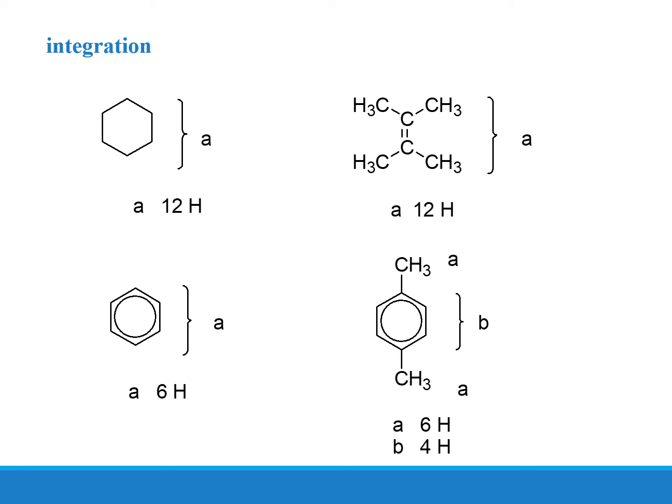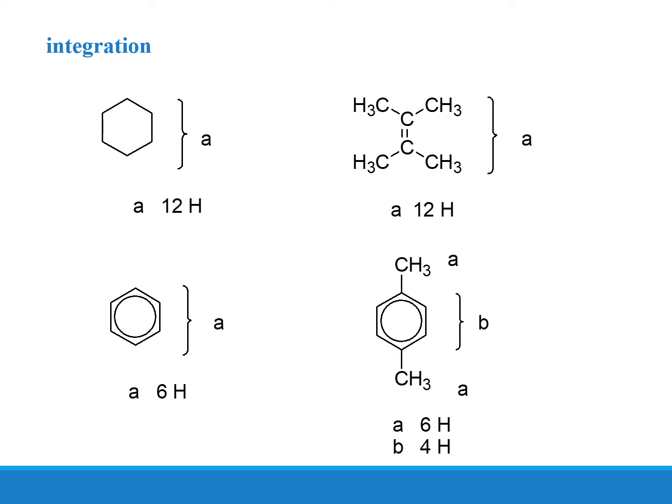However, if you look at para-methyl toluene, we have hydrogens in 2 different environments. The hydrogens in the methyl groups are 6, and they have the same environment, and the peak for these methyl groups will be 6-fold, whereas the peak for the ring hydrogens will be 4-fold.